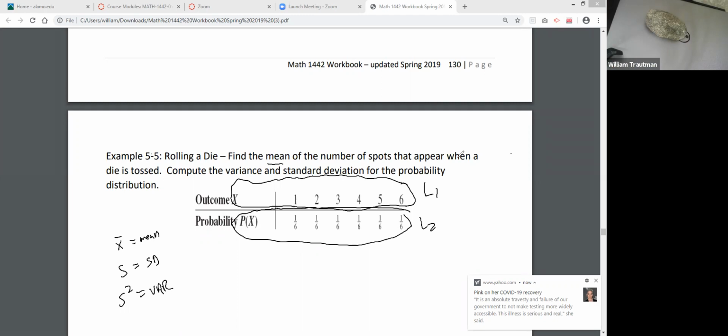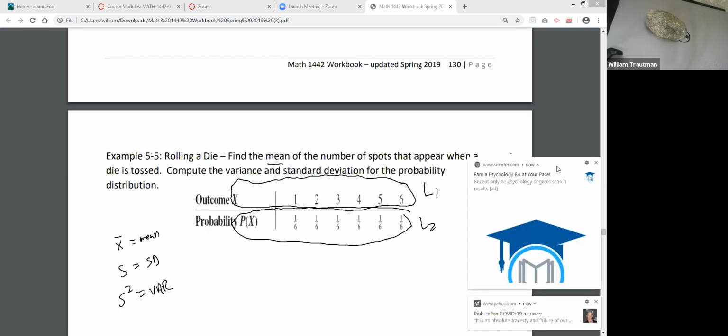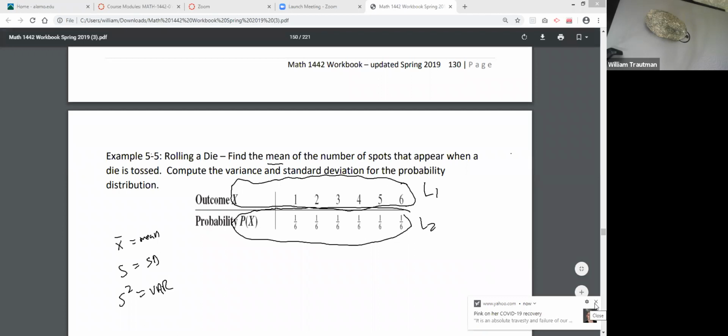Stat, number 1, edit L1. I'm typing in 1, 2, 3, 4, 5, 6, the number of rolls on a dice, right? You can roll a 1, a 2, a 3, a 4, a 5, or a 6. In L2, the probability of getting a 1 is 1 divided by 6.